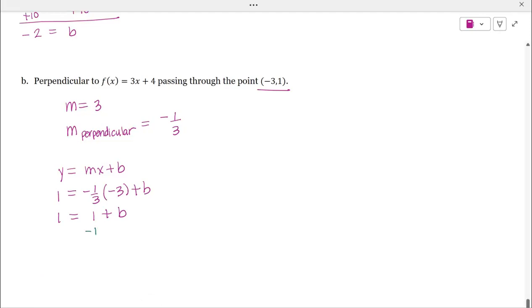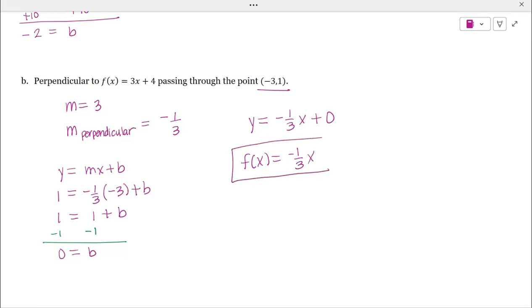So when I subtract 1 from both sides, it looks like I'm getting that b is equal to 0. So then the equation of our new line would be negative 1/3 x plus 0, or just f of x equals negative 1/3 x. Let's go to Desmos to take a look at that.